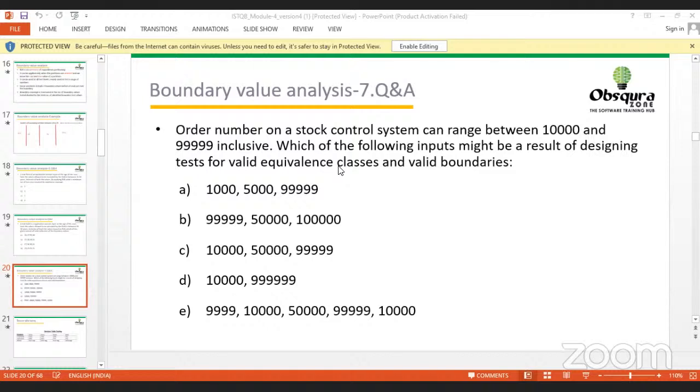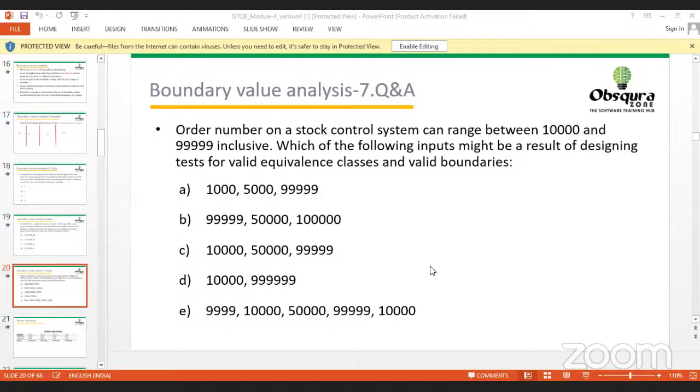So we can consider only the values between 10,000 and 5 nines. The range is inclusive, they have told. So we can consider 10,000 and 5 nines and the values between that range, some 5,000, 50,000. So C is the correct answer. Got it?